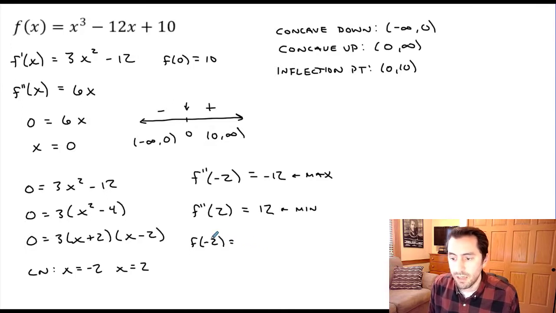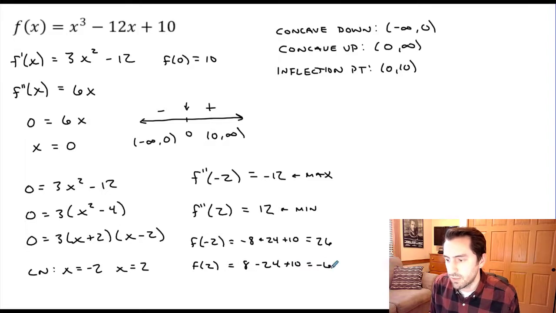So at f of negative 2, we're going to have negative 8, negative 12 times negative 2, that's going to be plus 24, plus 10. So overall, that's going to be 26. And then for f of 2, we'll have 8 minus 24 plus 10, which is going to end up giving me negative 6.